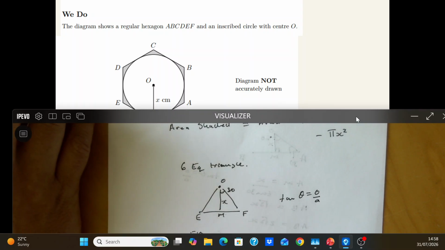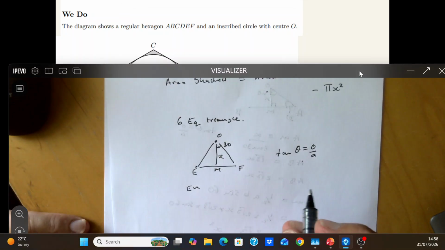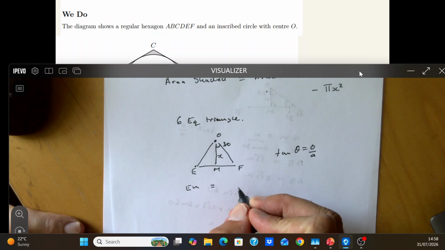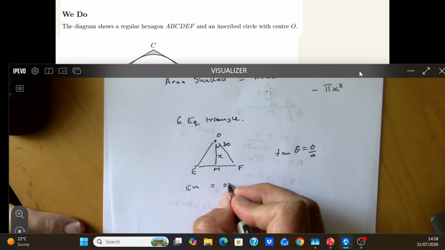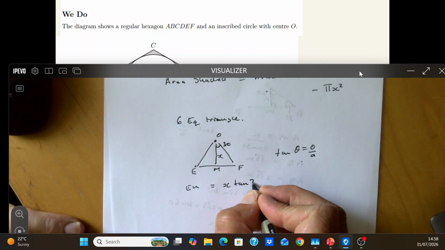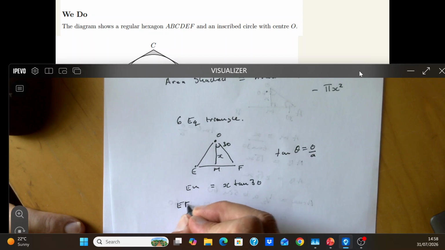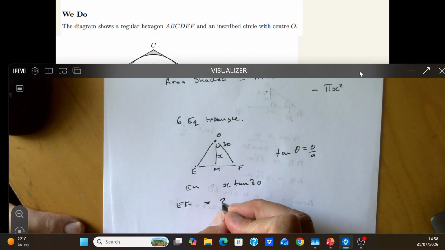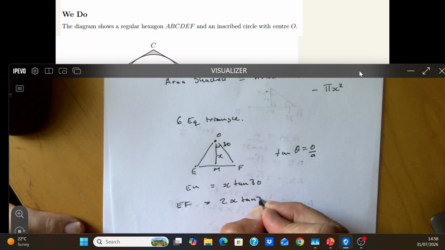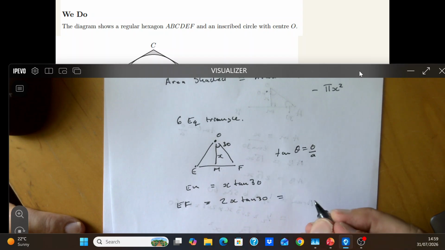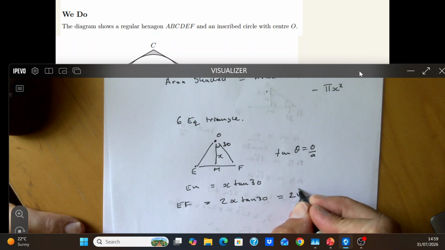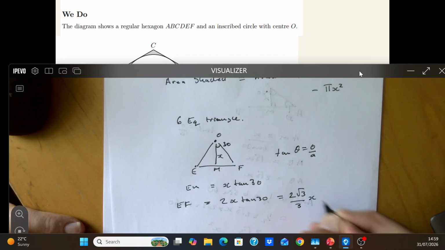What are you going to do? Work it out. What does EM equal? You should have written that. So what does EF equal? So that equals, if I've worked out EF, can I work the area out of a single triangle?